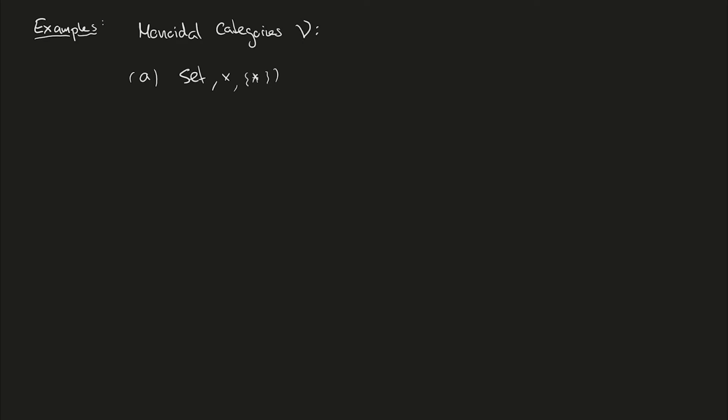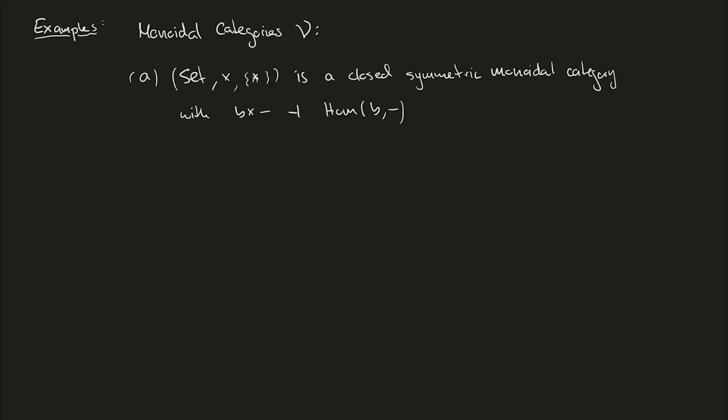And we know that this is a closed symmetric monoidal category. And the right adjoint to taking the product with B on the left is the covariant Hom functor represented by B.